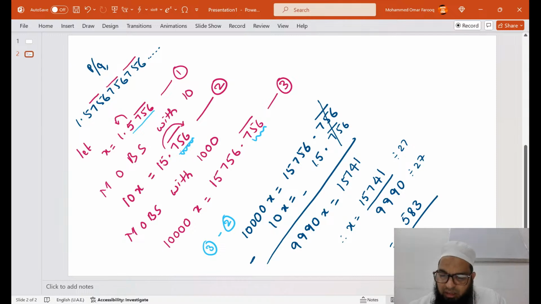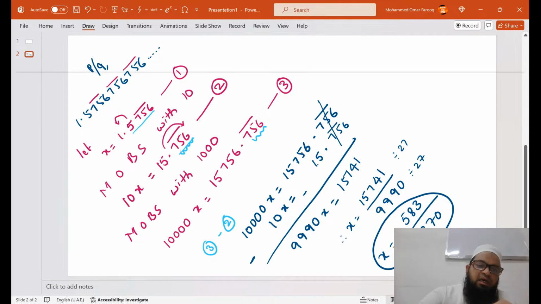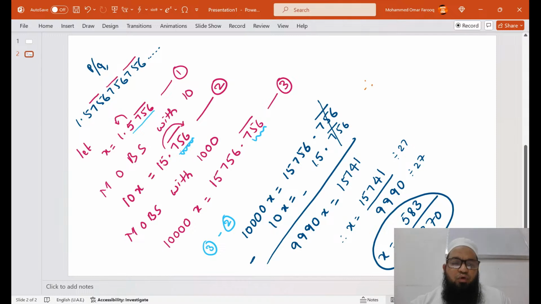It is 370. So x is equal to this much. Therefore, 1.5756 bar can be written as 583 divided by 370. Got it, my dear students?